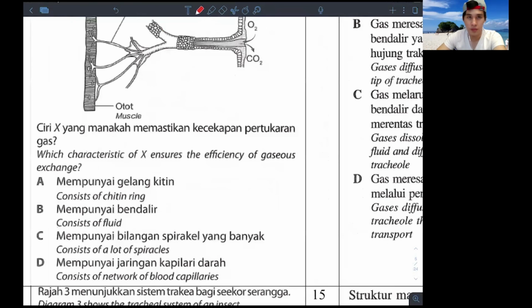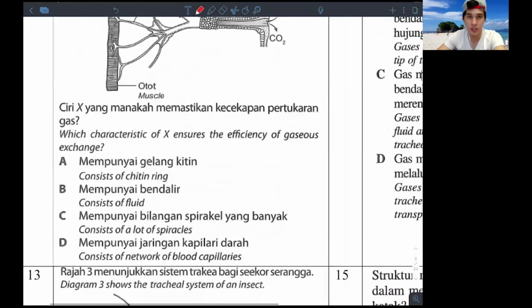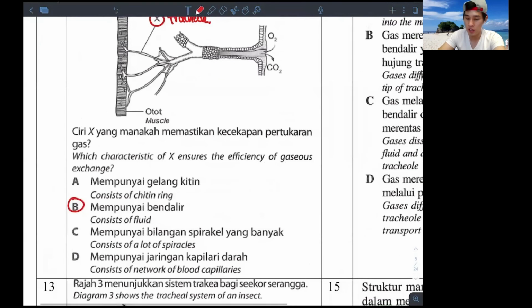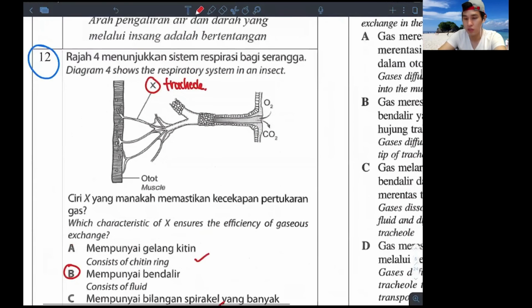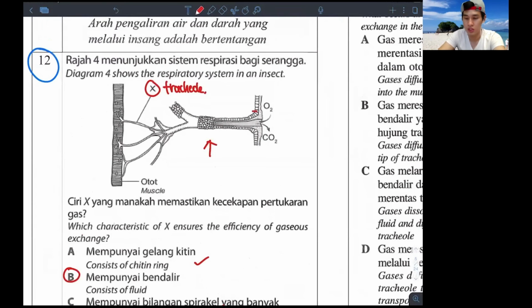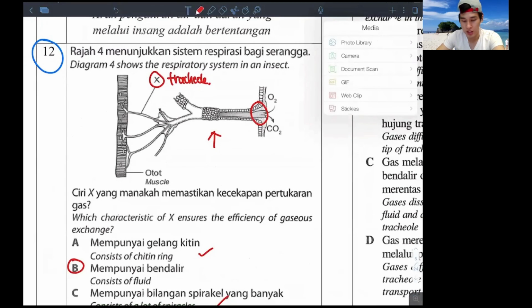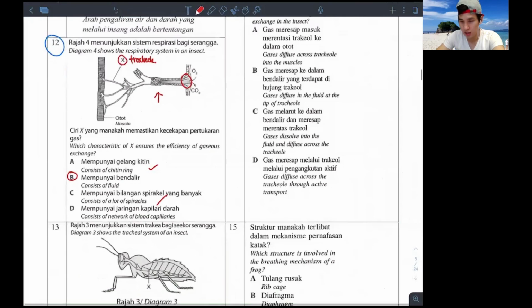The answer is actually B. C cannot, because they're only talking about the tracheal. A and C sound correct, but chitin is only found in the trachea, and spiracle is at the opening, nothing to do with the tracheal. So the answer is B.